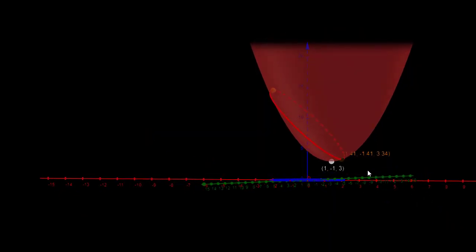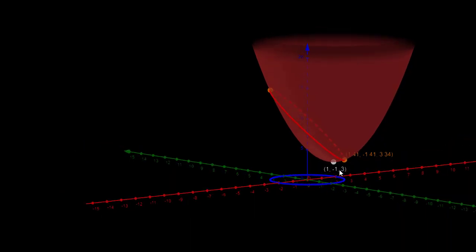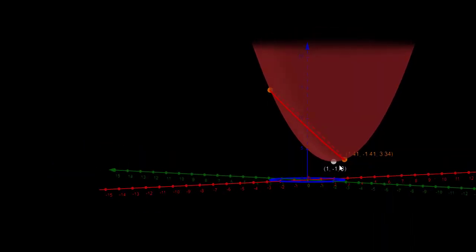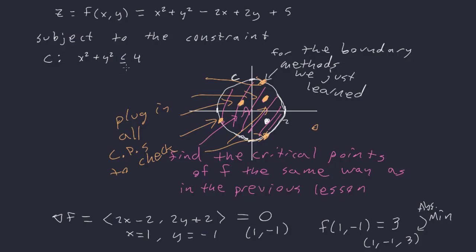It seems pretty clear this is the absolute minimum now, because before the absolute minimum we chose was 3.34, but now we have 3, so this will be our new absolute minimum. So don't think it's something completely different if you see the less than or equal to. It just means you need to check inside of the region as well.